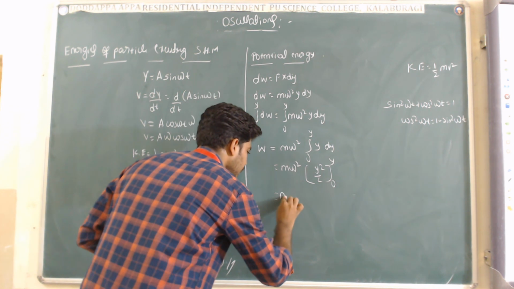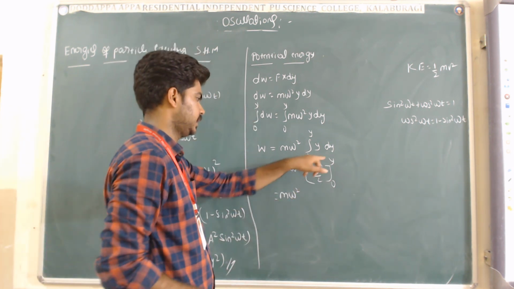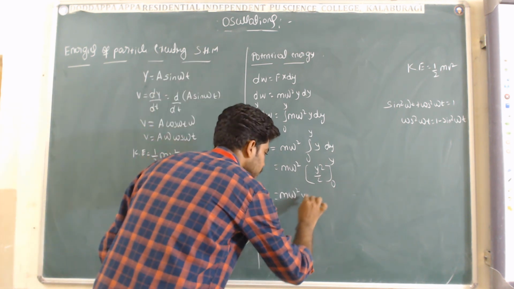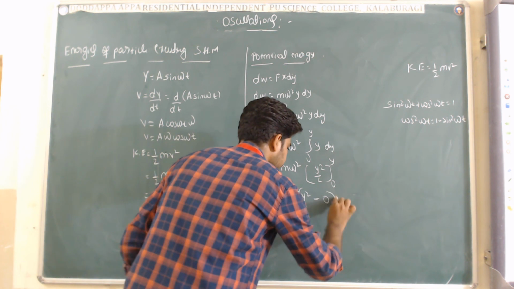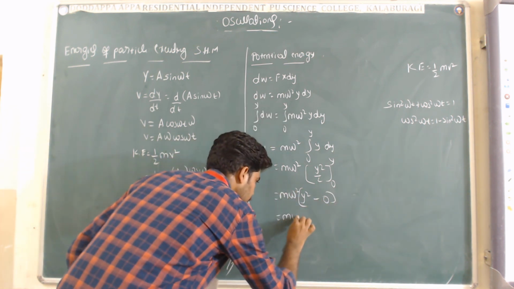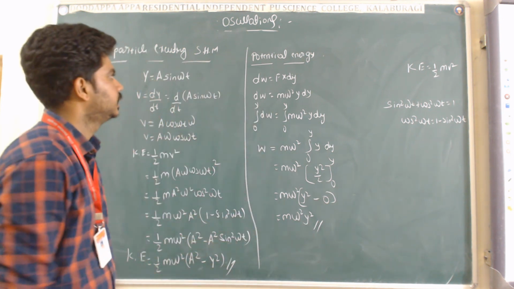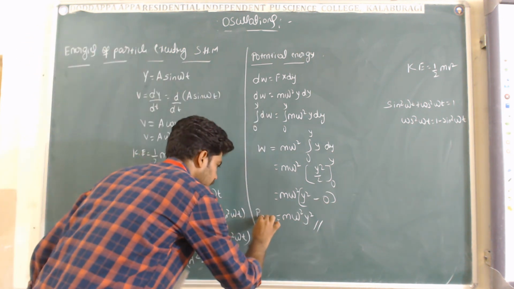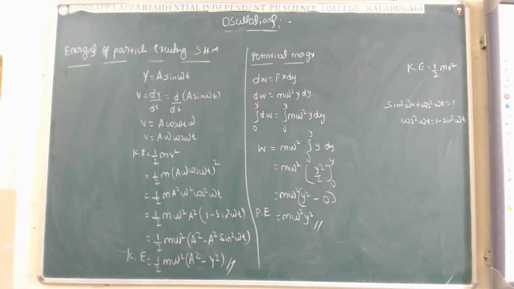So m omega square, apply the upper limit y square minus the lower limit 0. So this is the expression for the potential energy.